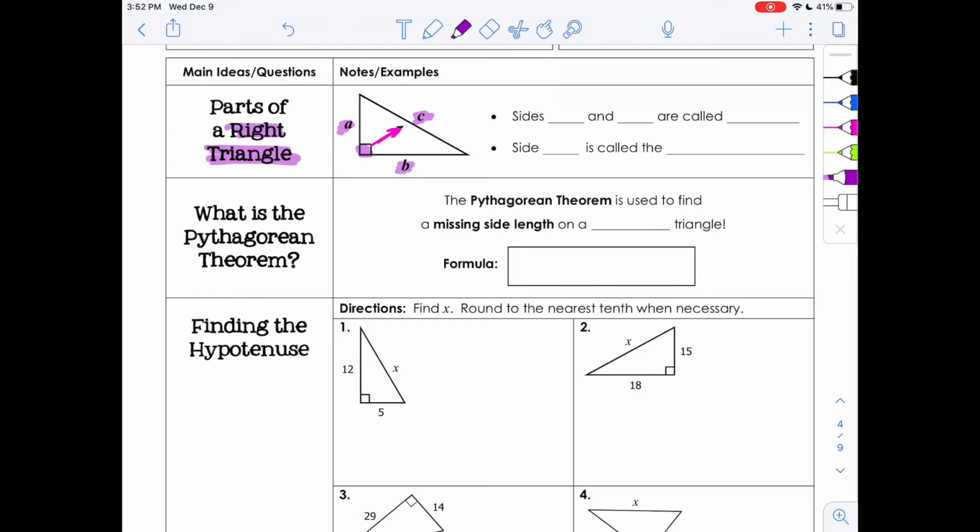The only one that matters is that the diagonal across from your 90 degrees is C. Now sides A and B, we call those our legs. And then side C is called our hypotenuse.